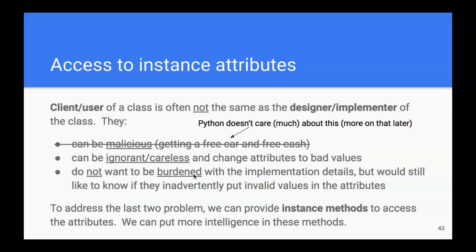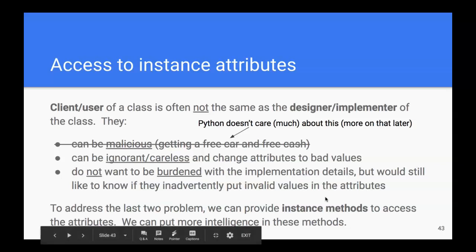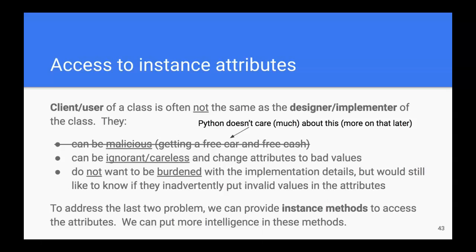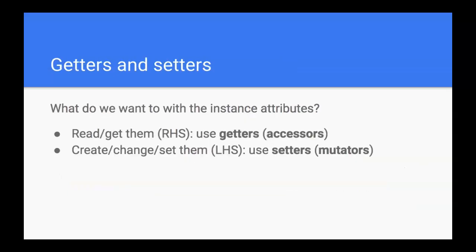To address them, instead of having the client code access the attributes directly, we can provide instance methods to access the attributes. And then with methods, we can do something smarter. I'm going to show you how to do that.